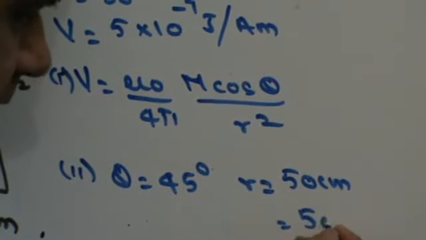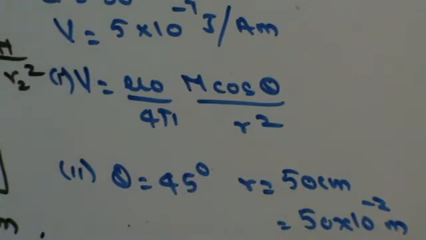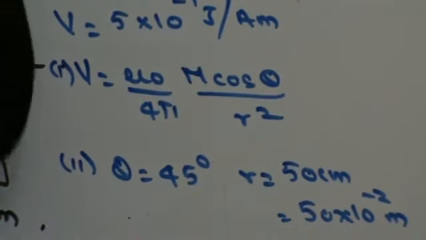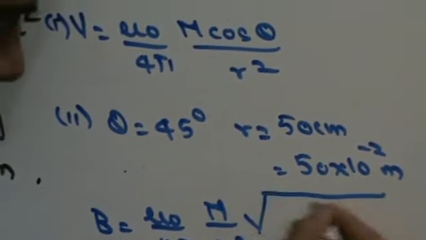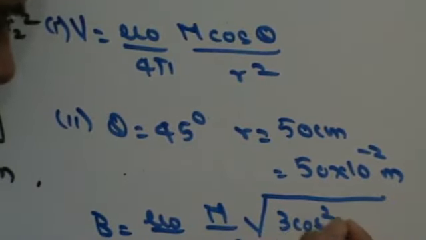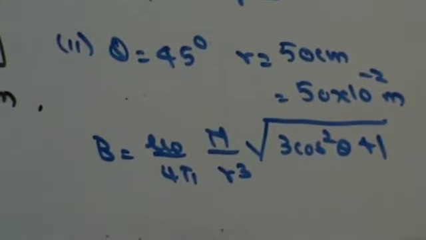So 50 centimeters can be written as 50 into 10 raised to minus 2 meters. They have asked you to find out the magnetic induction. Magnetic induction is mu 0 upon 4 pi, m upon r cube, square root of 3 cos square theta plus 1. So from here you will get the magnetic induction.